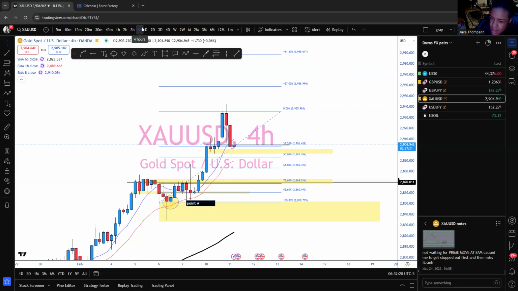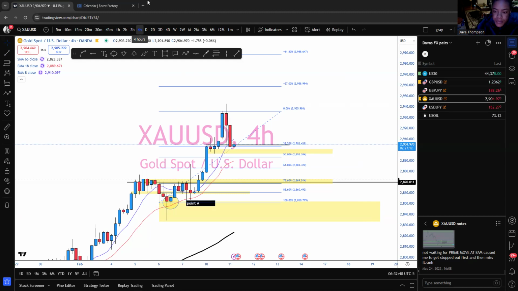Because funny enough, I realized I wasn't. I was making up my own rules on fibs, which prevented me from taking a lot of really good high quality trades. And then when I would see those trades pass me by, it would mess with my psychology. And then I would be even more inclined to break my rules because I realize they're not consistent.